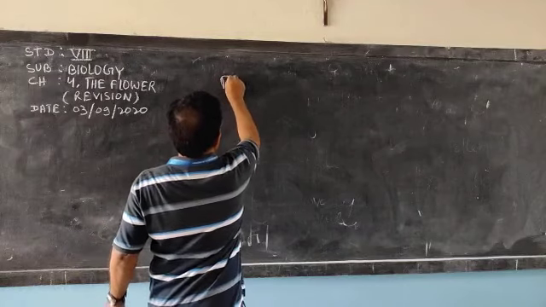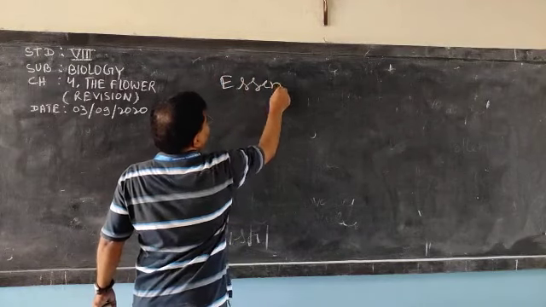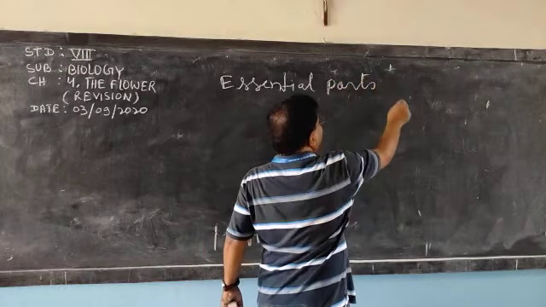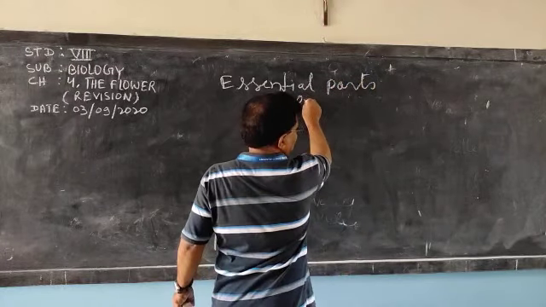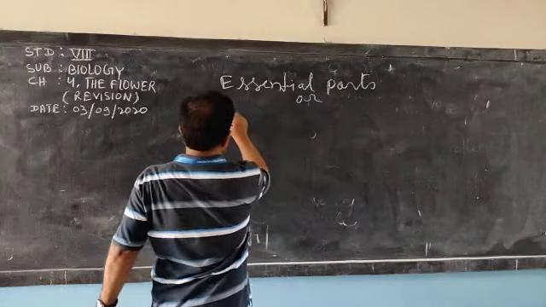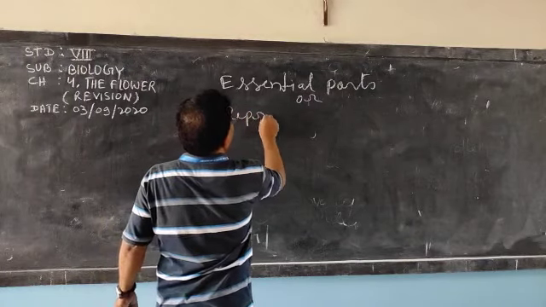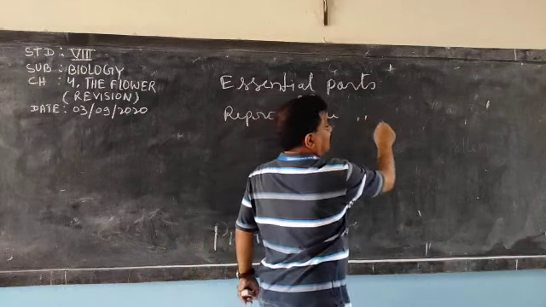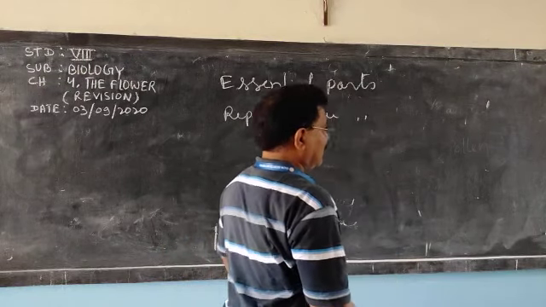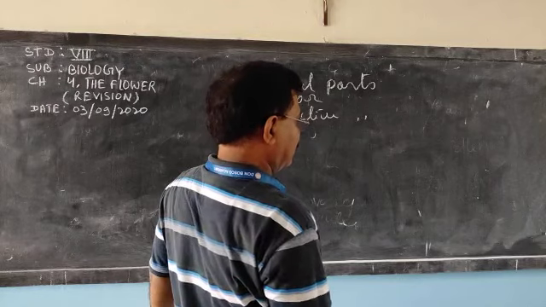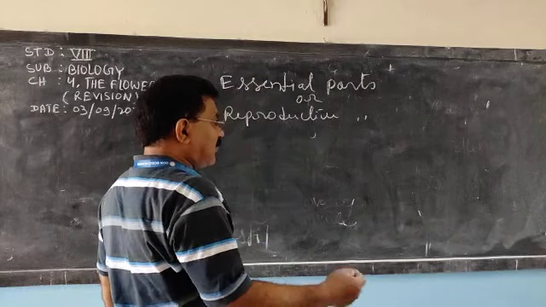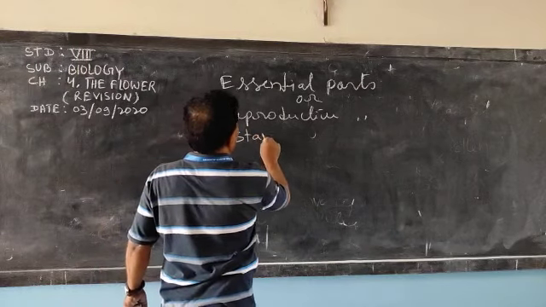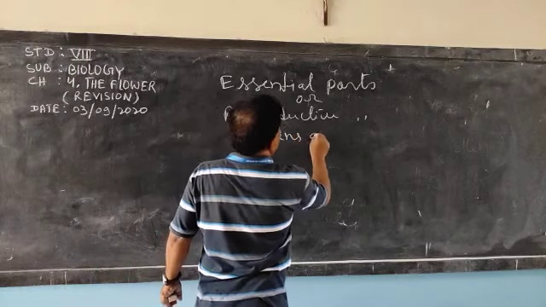Essential parts are also called reproductive parts, and they are stamens and carpels.